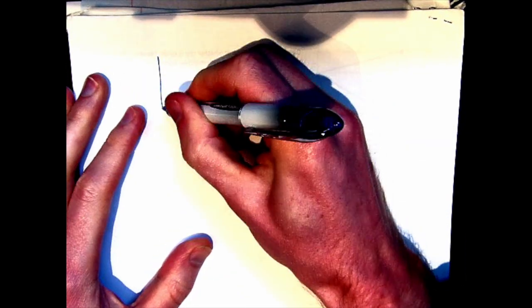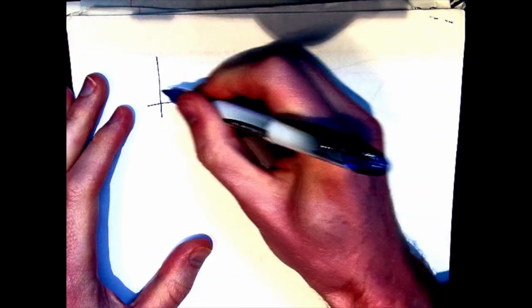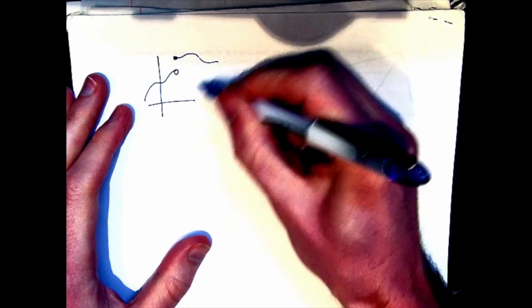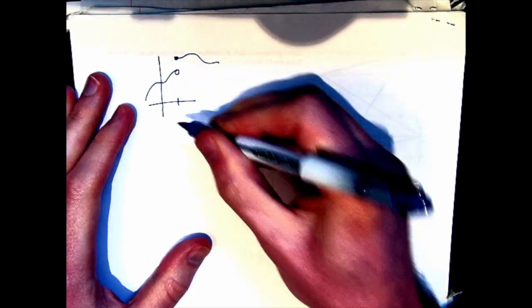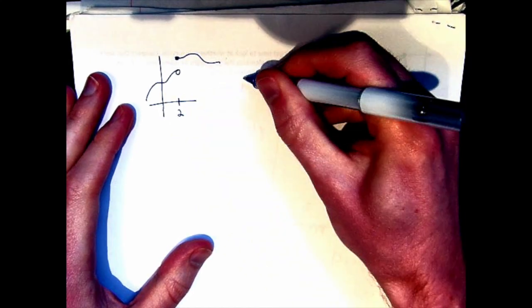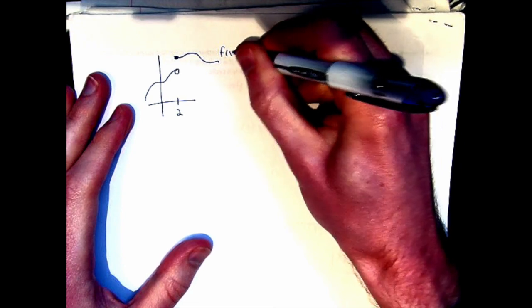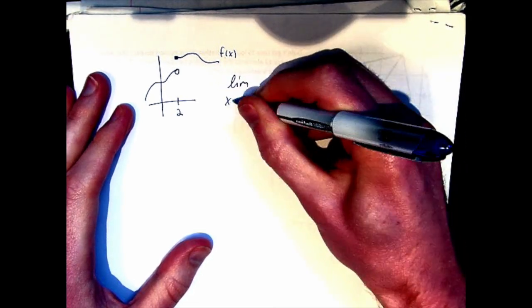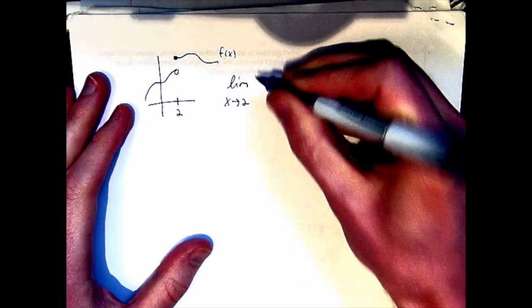I'd give you the graph of some function like this, and maybe I would ask you about what's happening at this point here. Maybe this is 2, and this is the graph of some function f of x, and maybe I could ask you, what's the limit as x approaches 2 of this function here, right?